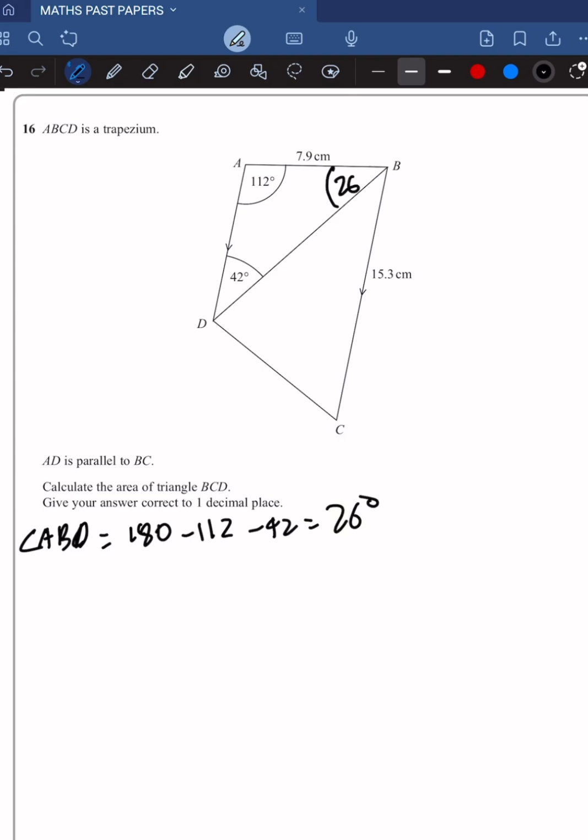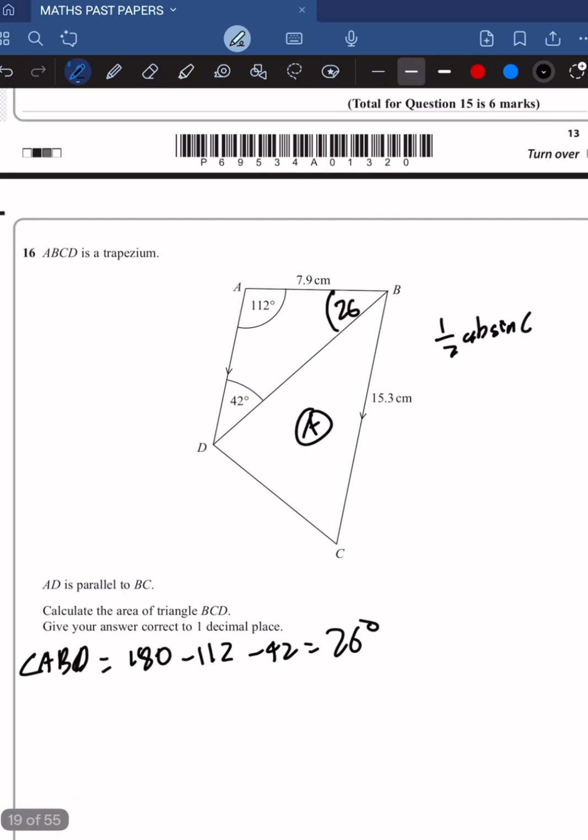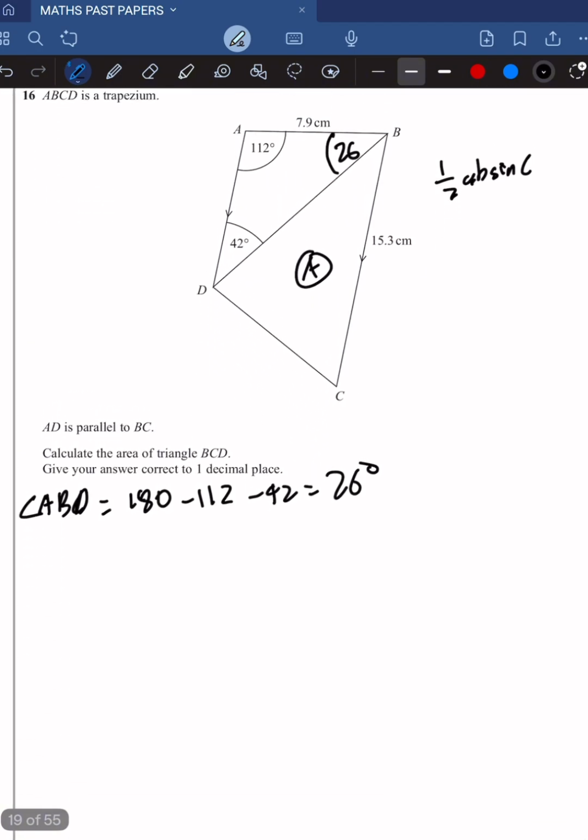Now, to work out the area of BCD, which is this triangle here, I need to use half ab sine C. So let's write half ab sine C. The side I'm going to work out is BD, because that's what's common between them both. To do that, I'm going to use the sine rule. So BD over sine 112, which is the opposite angle, is 7.9 over sine 42.